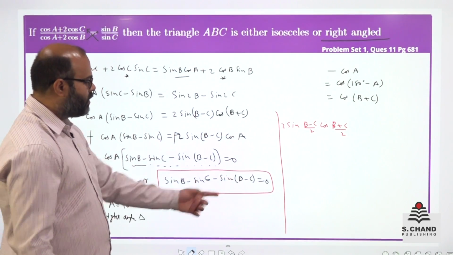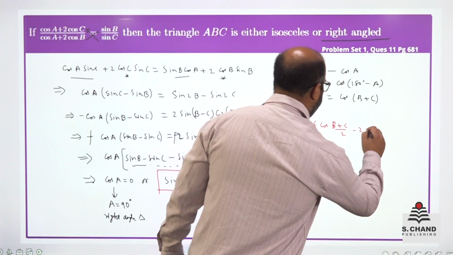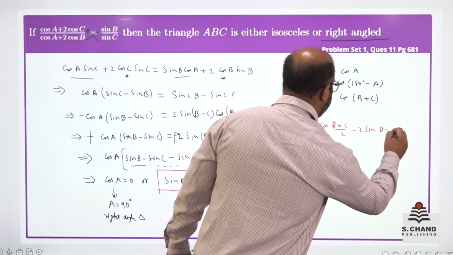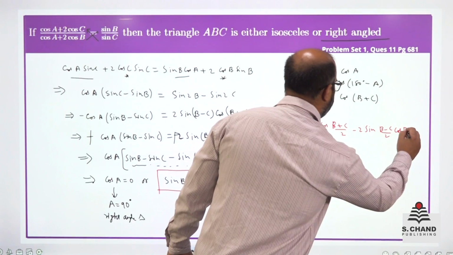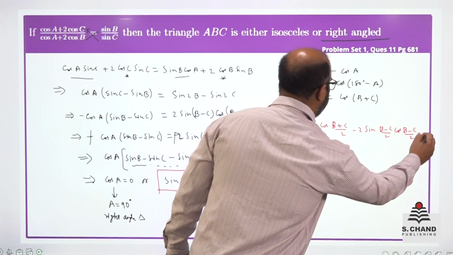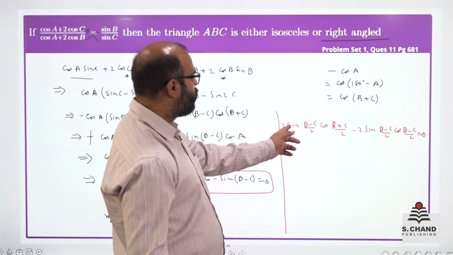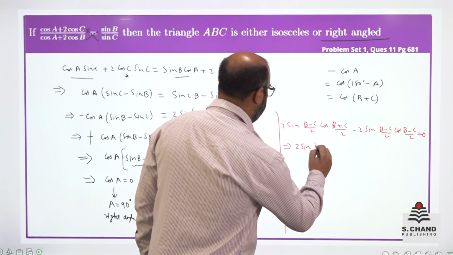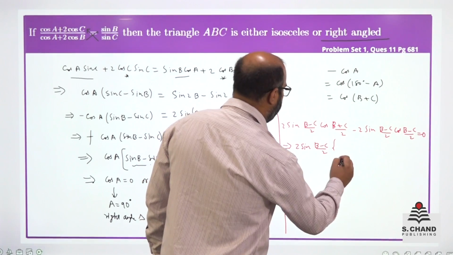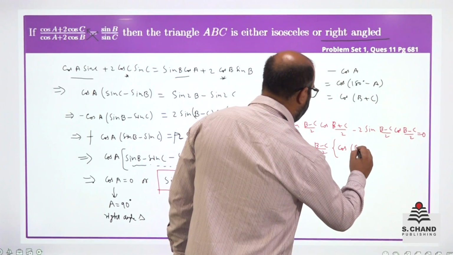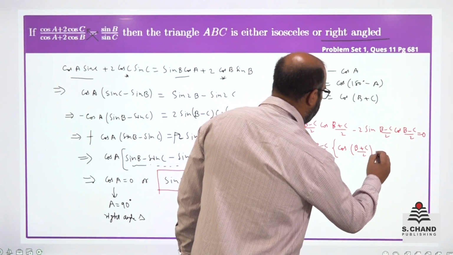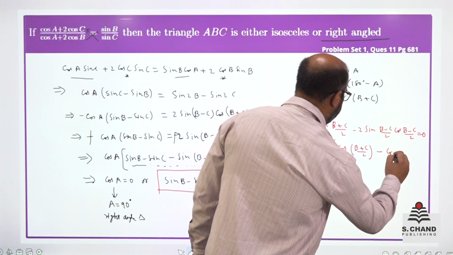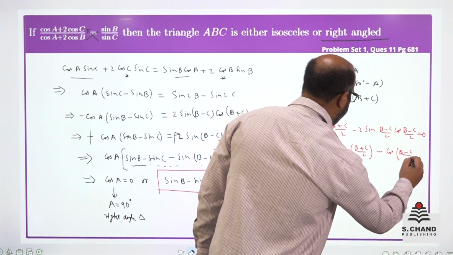And sin (B minus C) here will be 2 sin (B minus C)/2 into cos (B minus C)/2. This is equal to 0. Now 2 sin (B minus C)/2 will be common. It will be cos (B plus C)/2 minus cos (B minus C)/2.